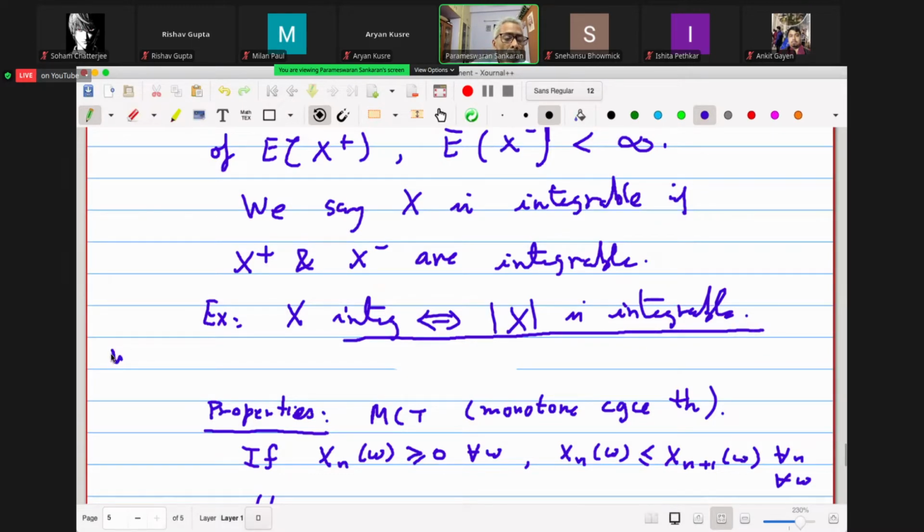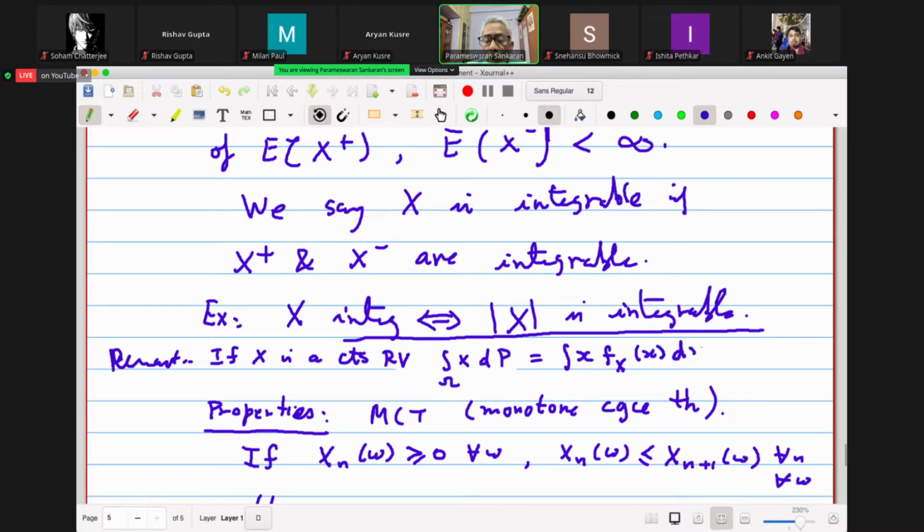So remark, if x is a continuous random variable, then the integral over omega of x dp is equal to the integral of x fx of x dx between minus infinity and infinity.